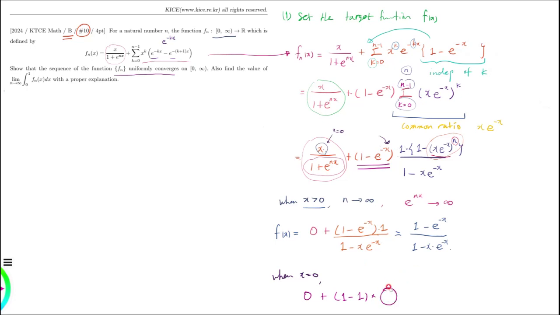So 0 times something always gives you 0. So for the target function, f of 0 should be 0. And then if you plug x equals 0 into this target function, since we have 1 minus e to the minus x power here, this will also go to 0.